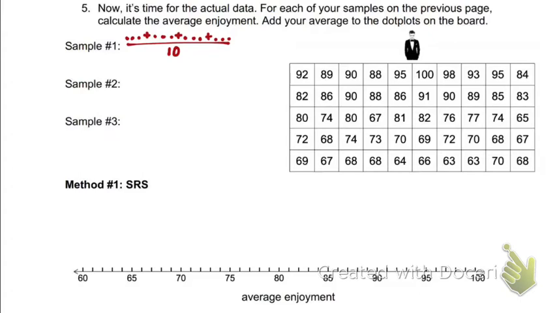Over on the board, method number 1, simple random sample. That is where you will put your red dot sticker for this one. And you want to calculate the average for your simple random sample.